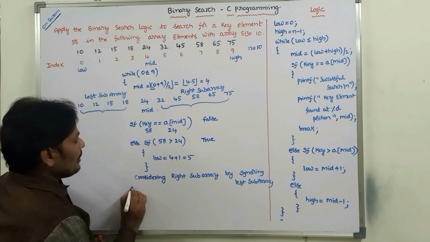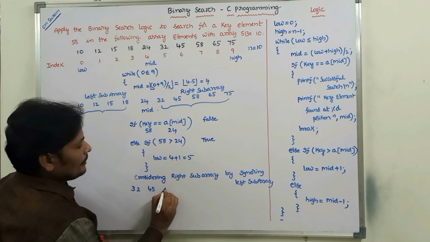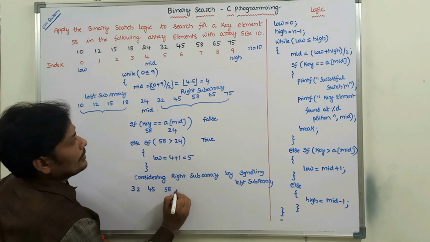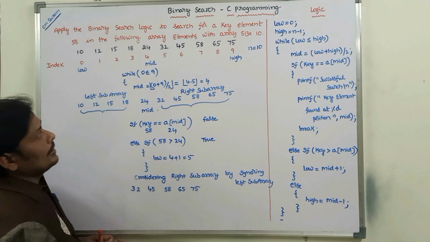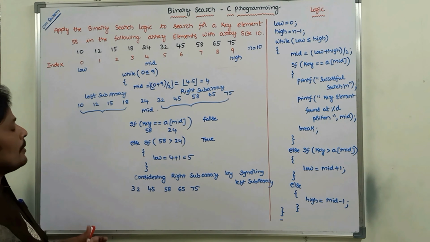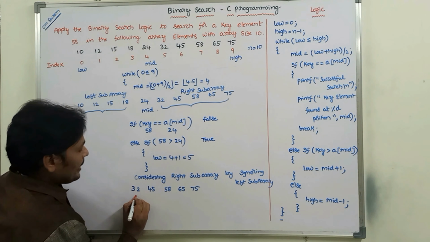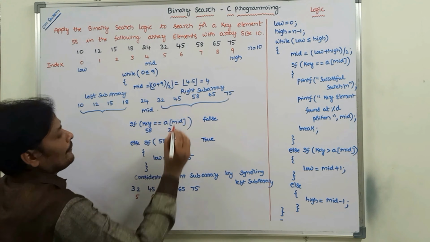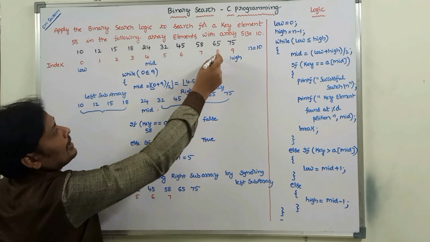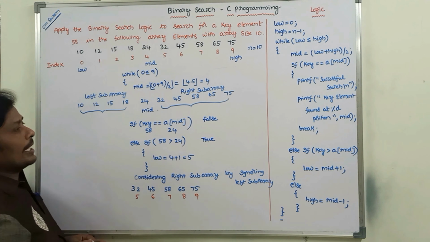The right sub array contains 32, 45, 58, 65 and 75. So what are the index values? Index values are the same. 32 index is 5, 45 index is 6, 58 index is 7, 65 index is 8 and 75 index is 9.